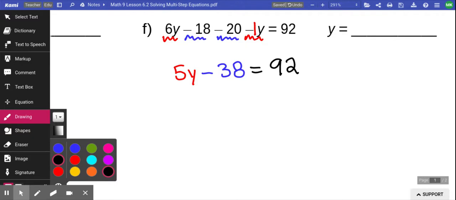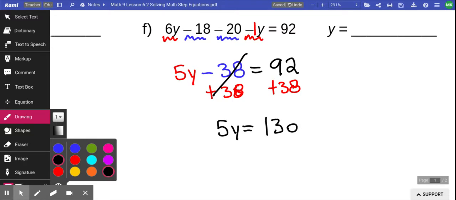I then solve this by isolating y, so I'm going to add 38 to both sides. 38, not 36. Those will cancel out. What I do to one side, I have to do to the other. So I now reorganize. I have 5y on the left equals 130 on the right. I then can divide my 5 from both sides.